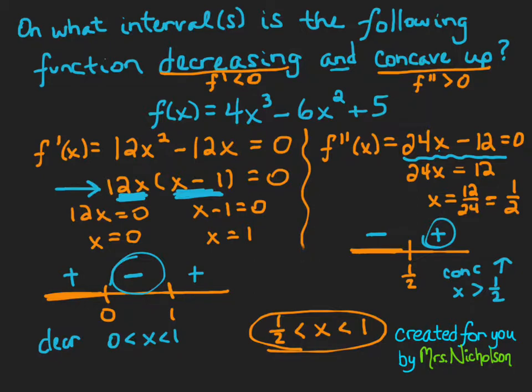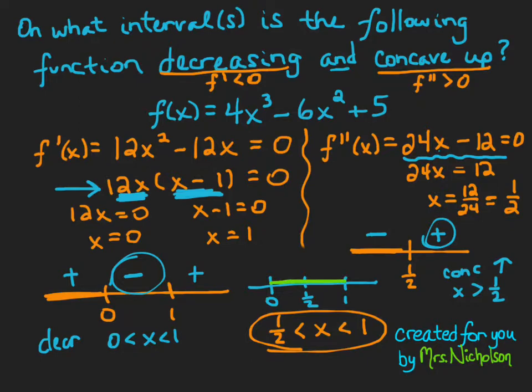I have a feeling I need to explain that again. Let me do another number line here. So 0, 1/2, and 1. Those were my critical numbers in this function, places where my derivatives are equal to 0. And I found out that my function was decreasing for x between 0 and 1.